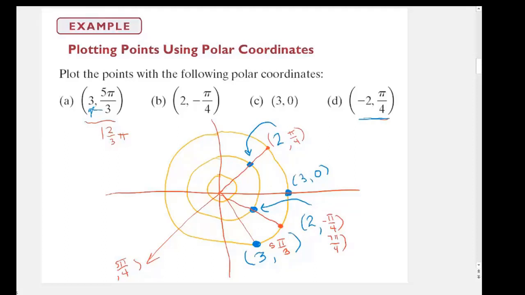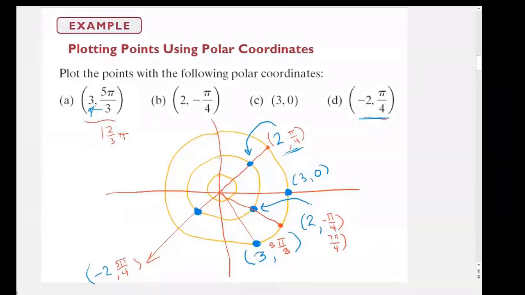I go to my pi over 4 line, and instead of going +2, I go 2 in the exact opposite direction. So this point here is -2 comma pi over 4, and that is that point right there.